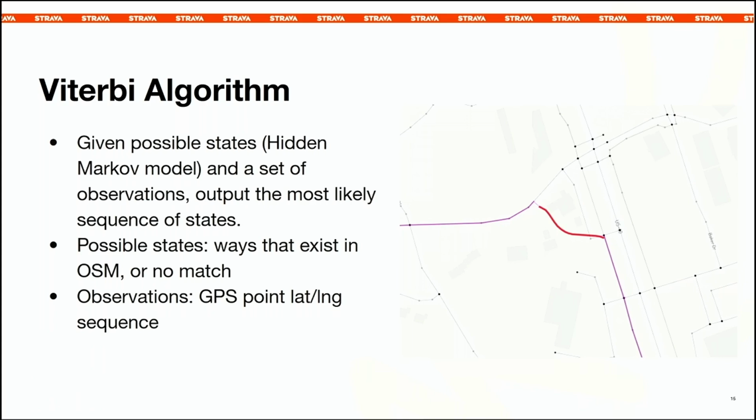In this case, the possible states are ways that exist in OSM, or potentially no match on those ways in OSM, and the observations are the GPS points. The goal of the algorithm is to output a sequence of ways that was most likely to have happened. Sometimes when we don't have high confidence in a match, we output that as a no match.